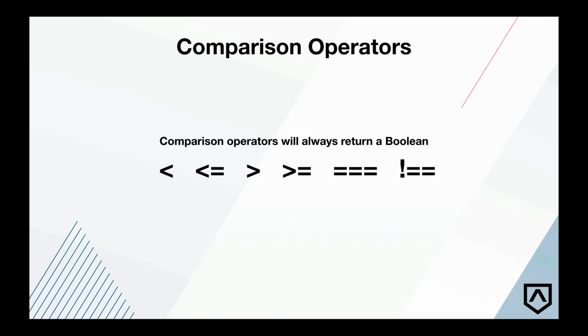What that means, remember when I always say that an equal sign does not mean equality, that an equal sign means assignment, that triple equal sign there actually means equality. So it's going to say, are these two items equal to each other? That last one is going to say, are these two items not equal to each other?